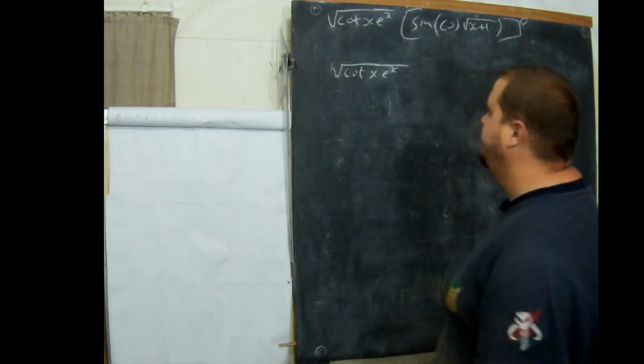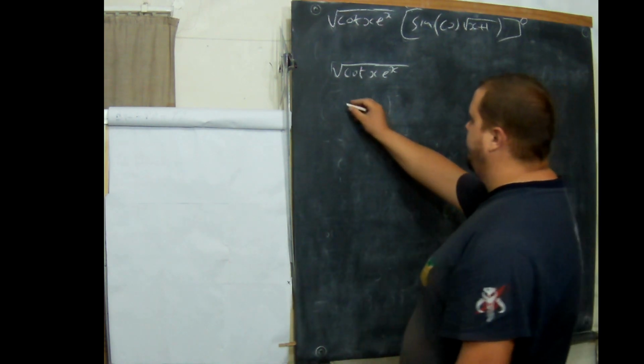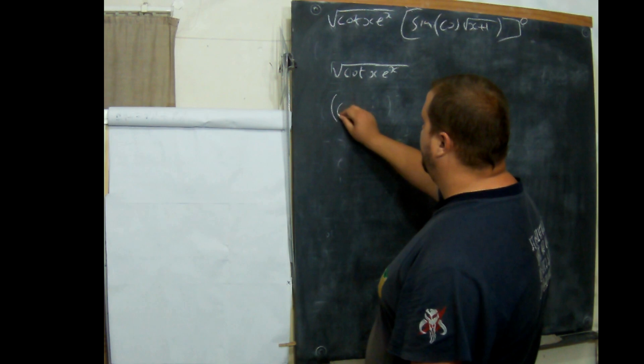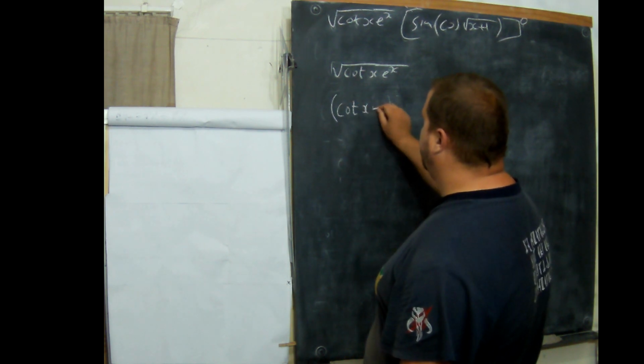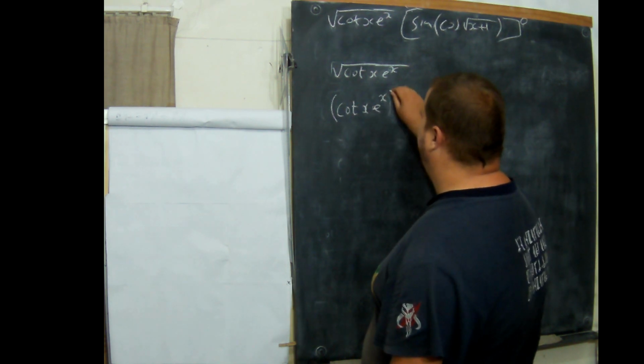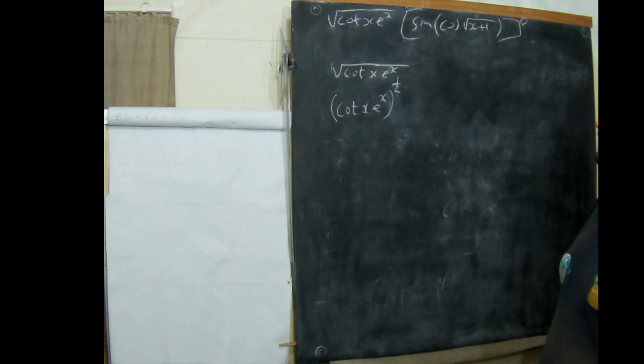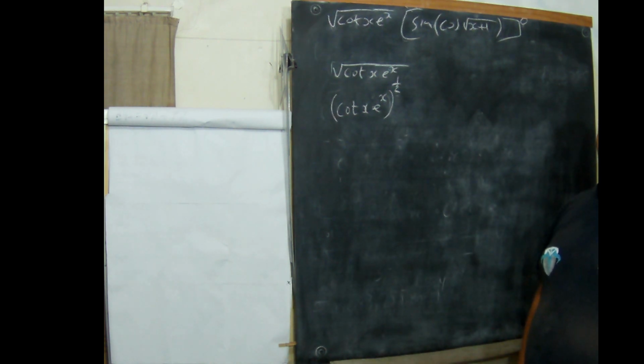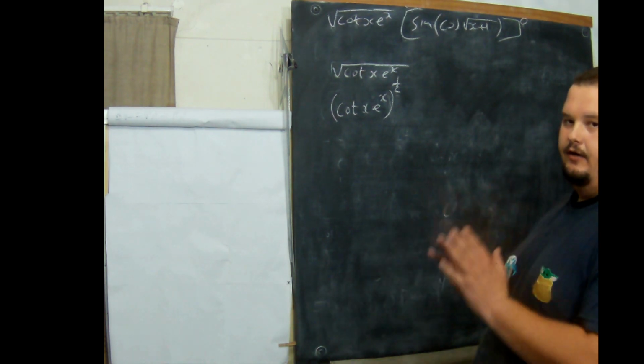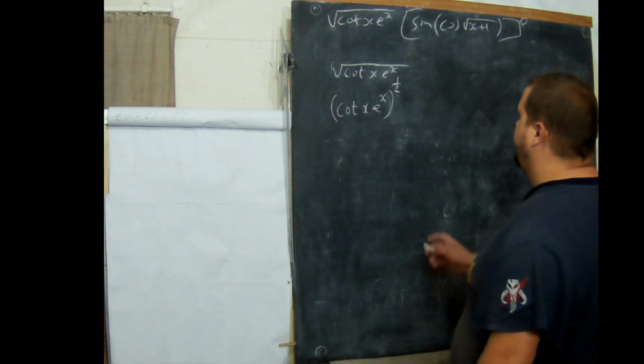So now what we need to do is state it as cot x e to the power x, to the power of a half. For this, we are going to use the chain rule. It's an outer-inner rule, if you will remember.